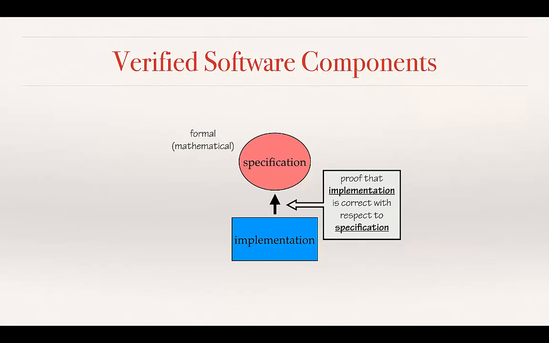Concretions or implementations are more flexible. We can swap them out or make new ones or perform bug fixes on them. As long as they satisfy their specifications, we're okay. And as long as those specifications don't change, the client using the component will be okay too.